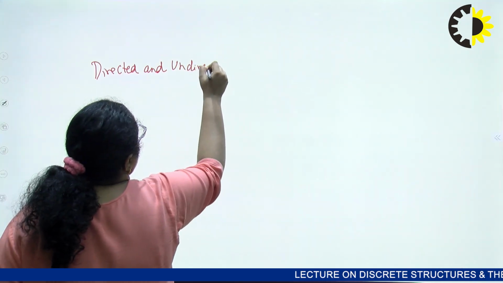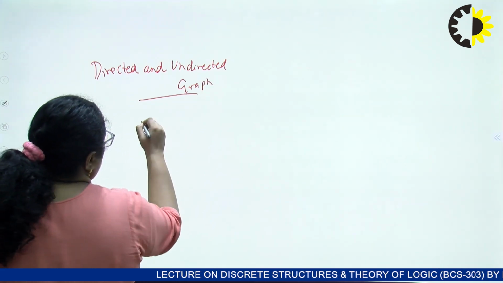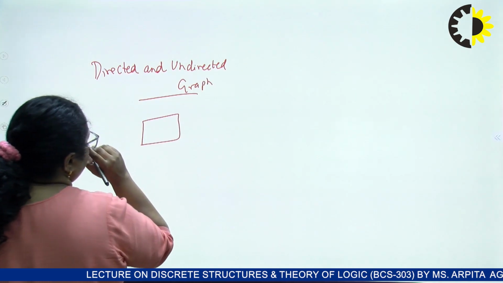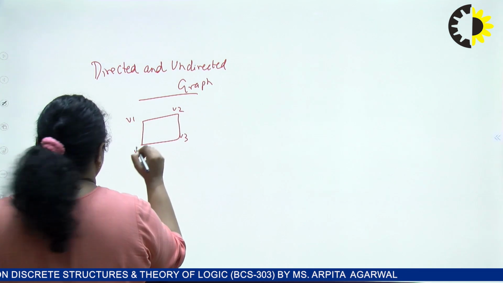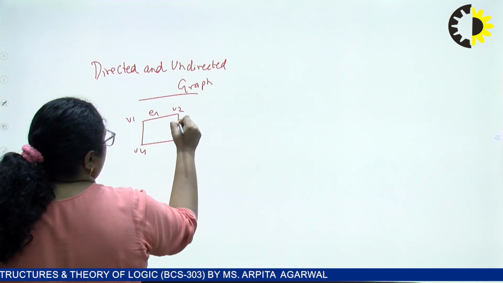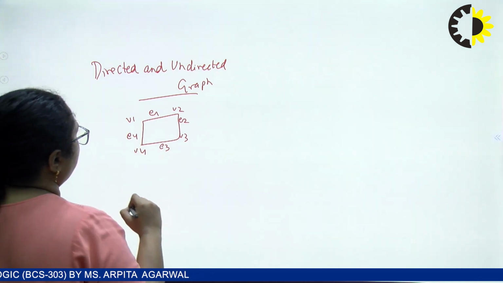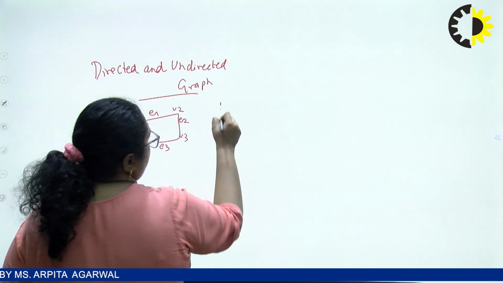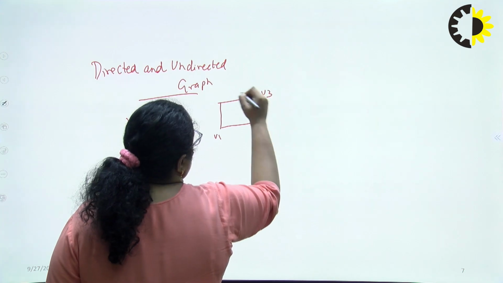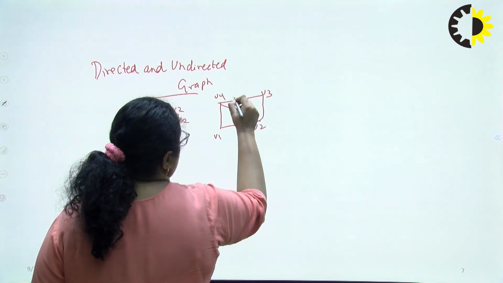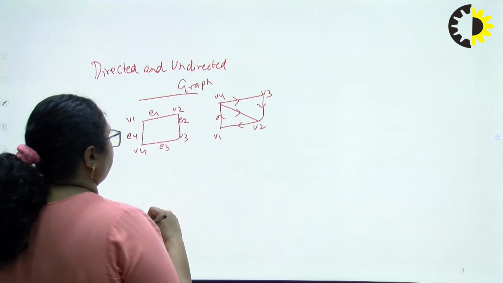Next, we will study directed and undirected graphs. A graph in which no direction is attached with the edges is an undirected graph, and a graph in which direction is attached with the edges is a directed graph.